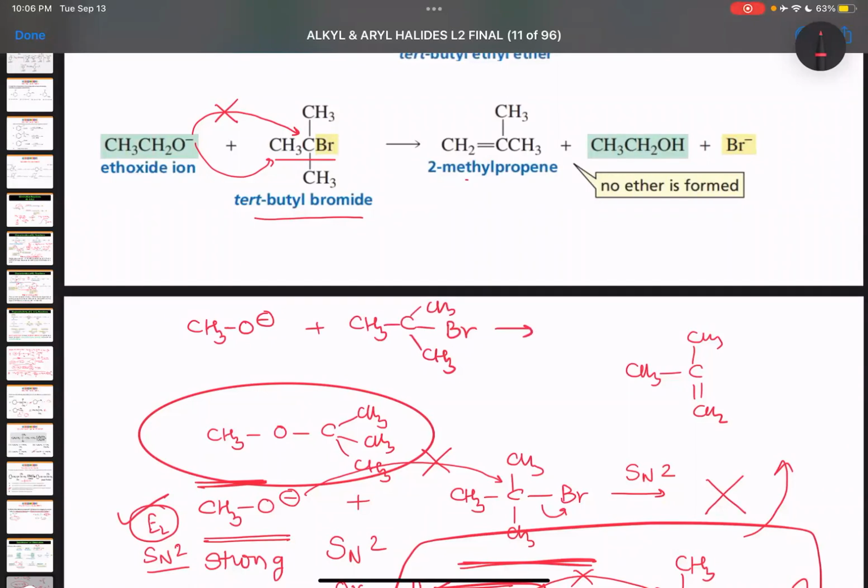Think once again. Will it give you an ether? The ether will form if this O minus goes and joins itself to the carbon. Tell me, is it going to give you an ether or an alkene?